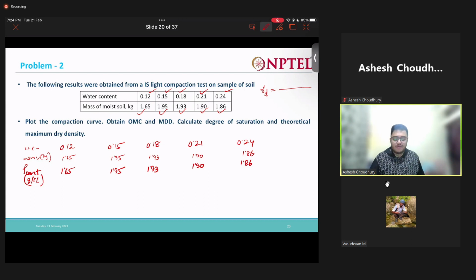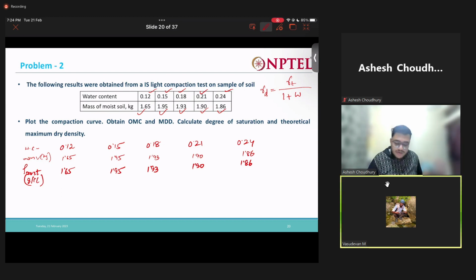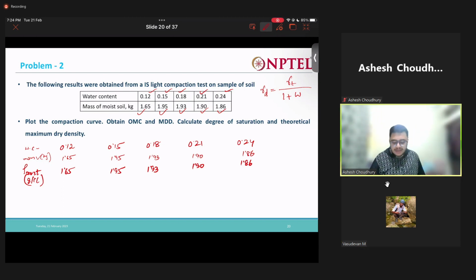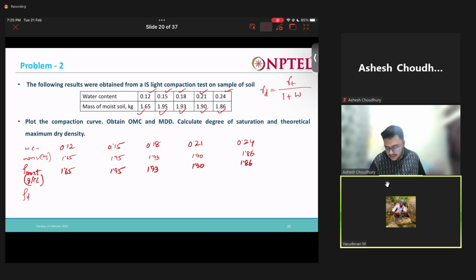But here, how will we determine it? See, you remember this, right? So we'll use this relation: my dry density is equal to the moist density divided by 1 plus water content. So please calculate the dry densities. 1.65 divided by 1 plus 0.12.